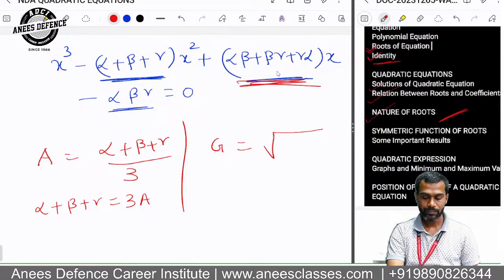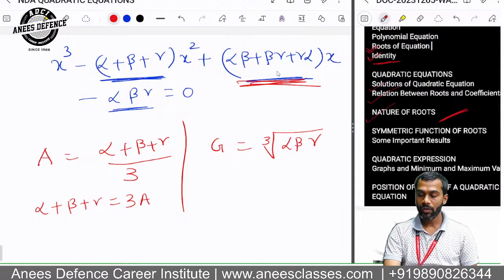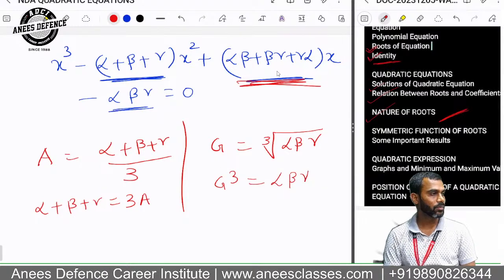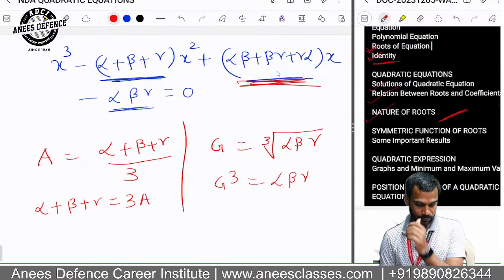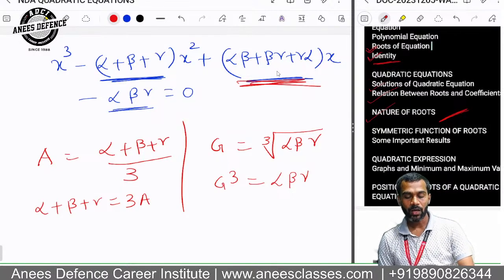Cube root of alpha beta gamma. Now tell me, G cube is equal to alpha beta gamma. Yes or no? So we are done with the first term, the second coefficient and the last coefficient. Now we need to check for the third coefficient, which is alpha beta plus beta gamma plus gamma alpha.